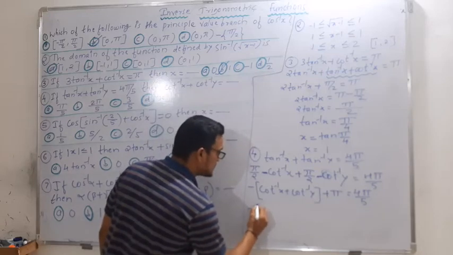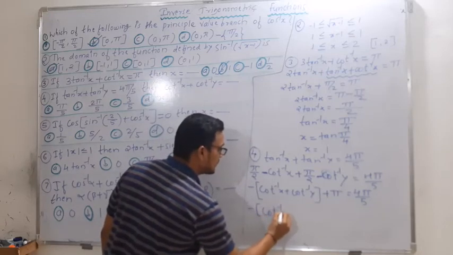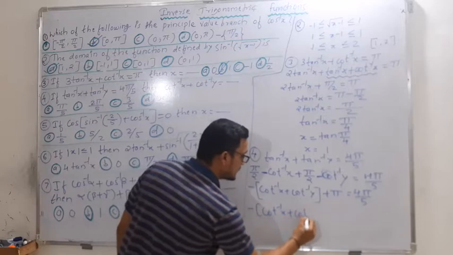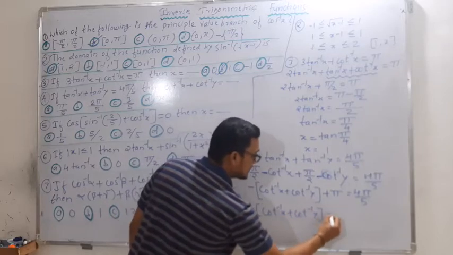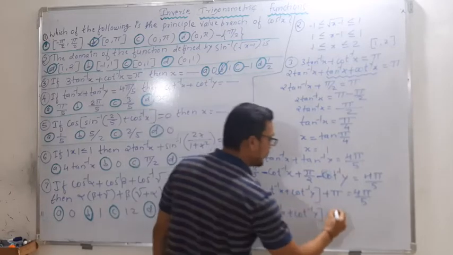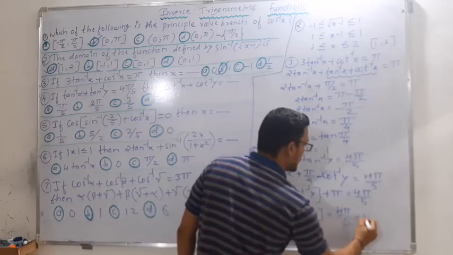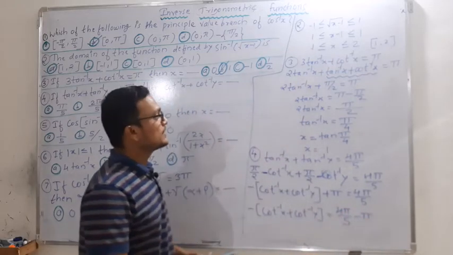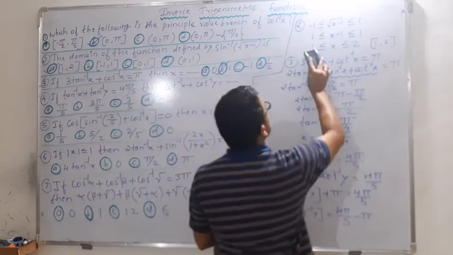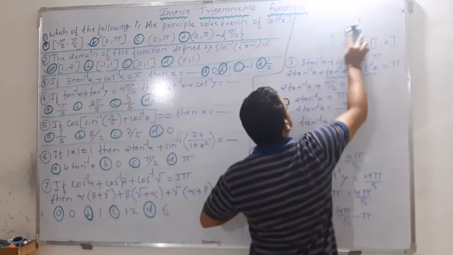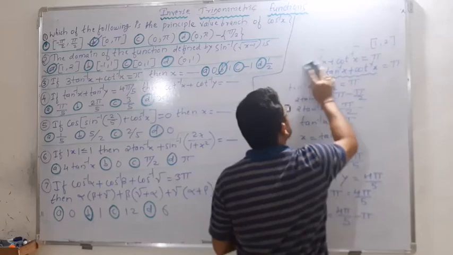Now this minus of cot inverse x plus cot inverse y as it is, this plus pi transferred to the other side, so it is 4 pi by 5 minus pi. Okay. So just do the subtraction of that, just see what we get as the answer.